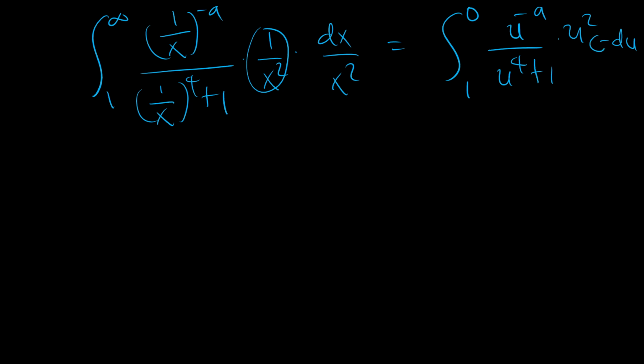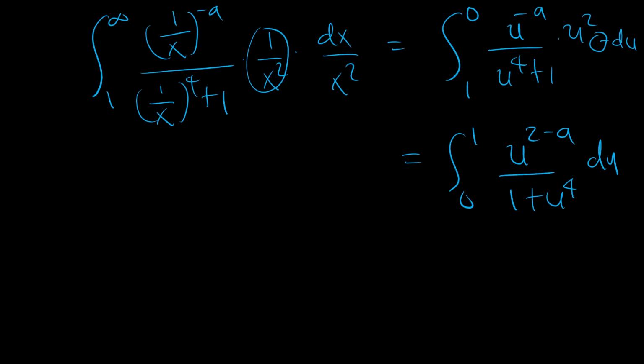So this negative sign allows us to flip the limits. So we have the integral from 0 to 1 of u to the 2 minus a over 1 plus u to the fourth du.